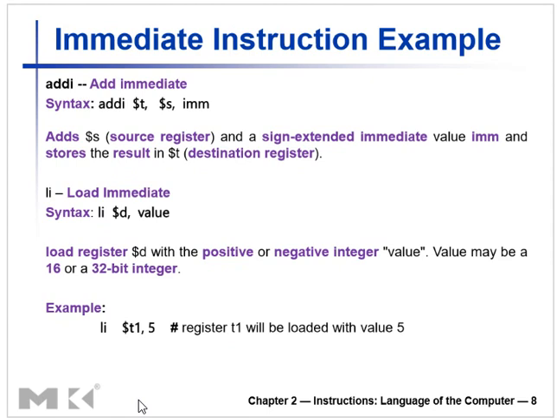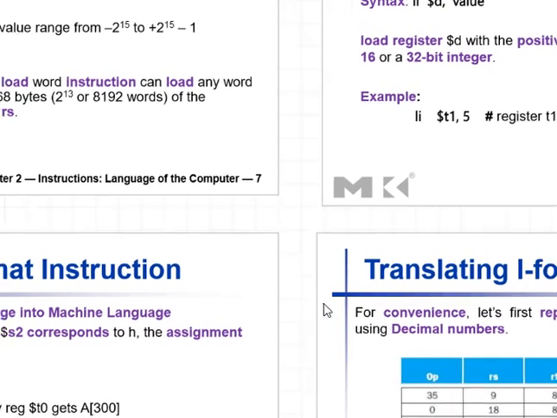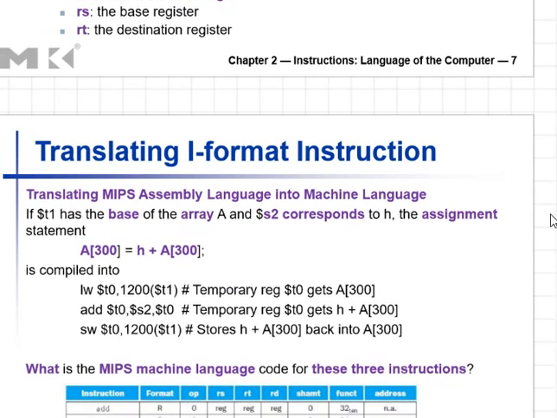So immediate instruction. Let's recall back the immediate instruction. What are the immediate instruction we studied? Add immediate instruction, load immediate instruction. So these are the instructions which has some constant. Okay, we already discussed and we already used in our practical part. Okay, I think you know better. Now let's move on to how are we going to convert those instructions.